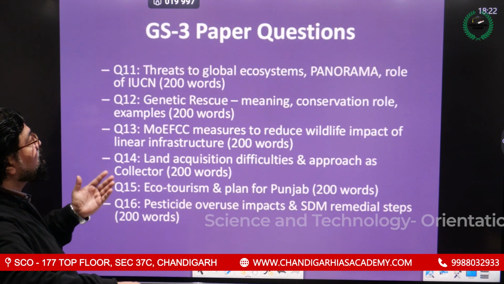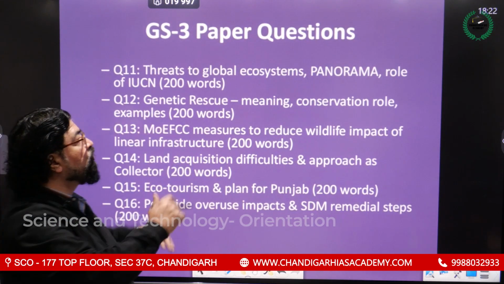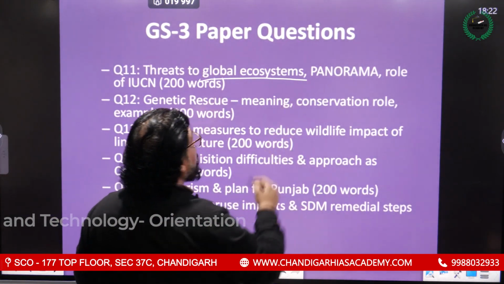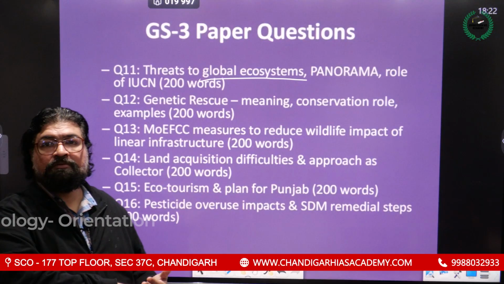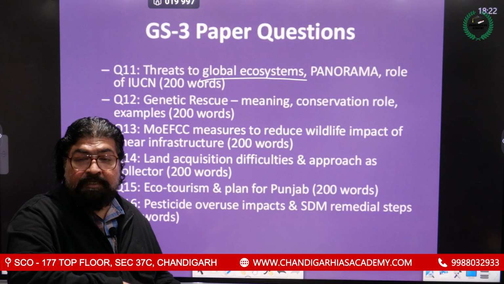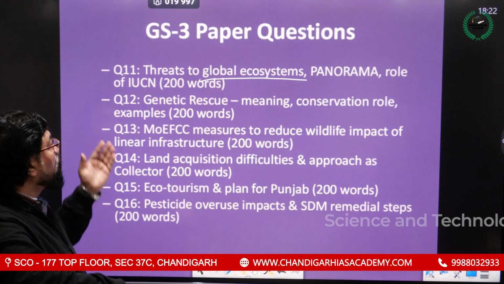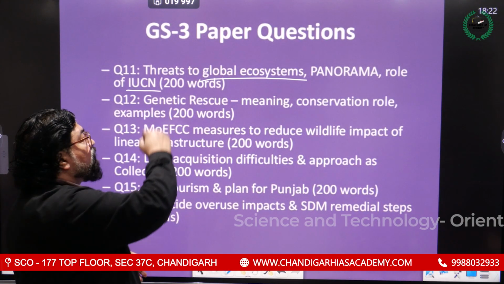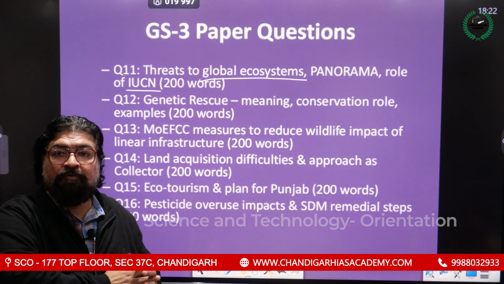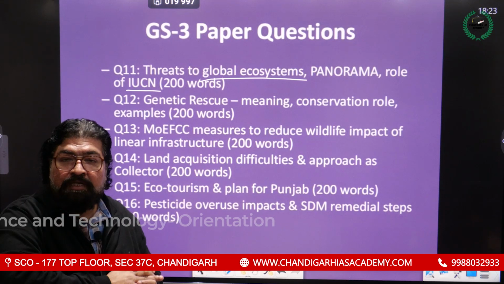Then further you can see here, environmental questions, like here, threats to the global ecosystem, forest loss, right? Grasslands, wetlands, even marine ecosystems are getting lost. The role of IUCN, International Union for Conservation of Nature, a very important global organization which comes out with the Red Data Book and the impact of that.